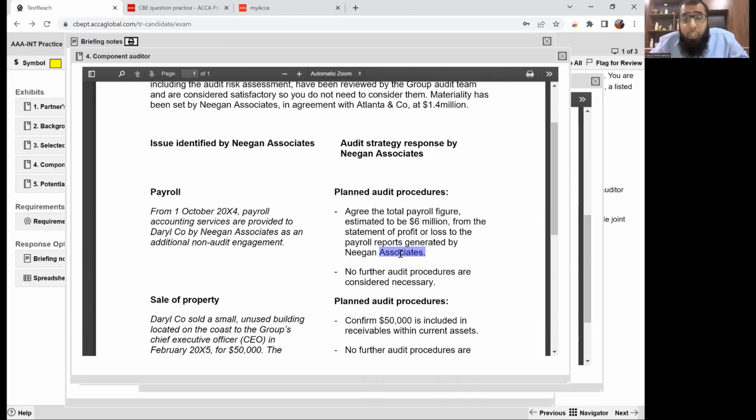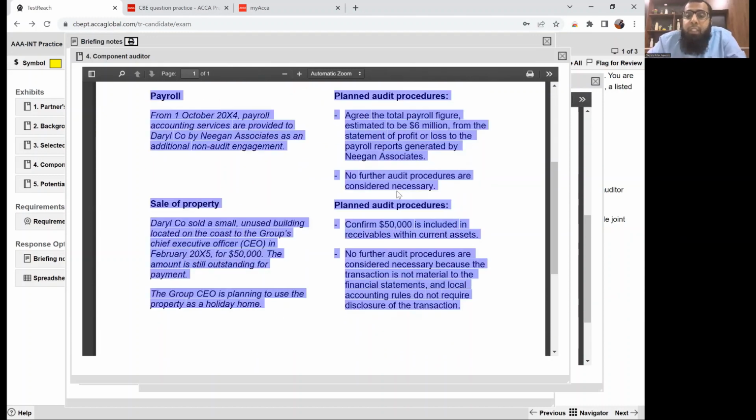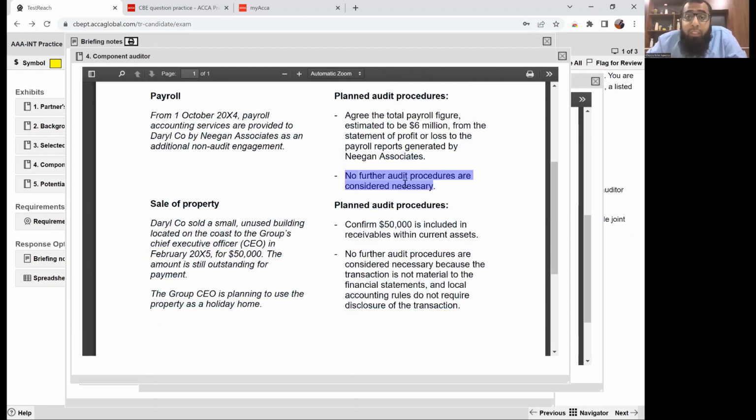We should have at least used a separate team and asked them to audit it. We just relied on our non-audit work and just matched the data. No further procedures are considered necessary. So obviously this was an issue that the audit strategy and the audit work plan is not complete. But there is a separate requirement in relation to it.